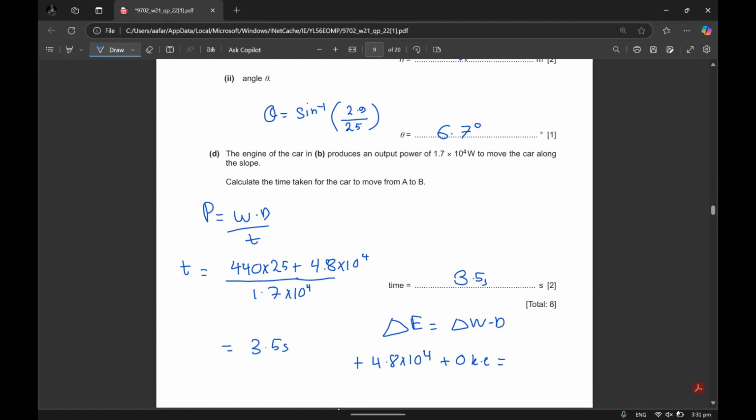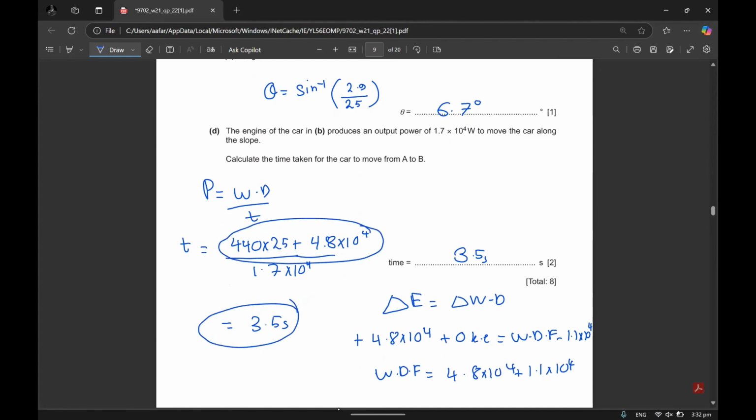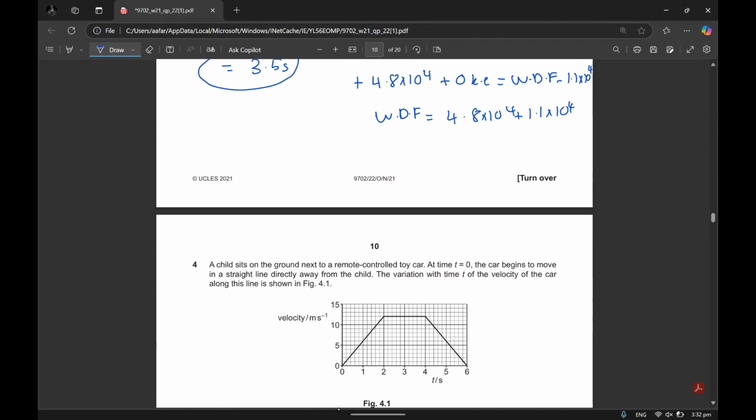And then basically the work done by the car, it's x, which we have figured out, minus the work done against resistive forces, which is 1.1 10 power 4. So the work done by the force of the car is basically 4.8 10 power 4 plus 1.1 10 power 4, which gives us 3.5 seconds.